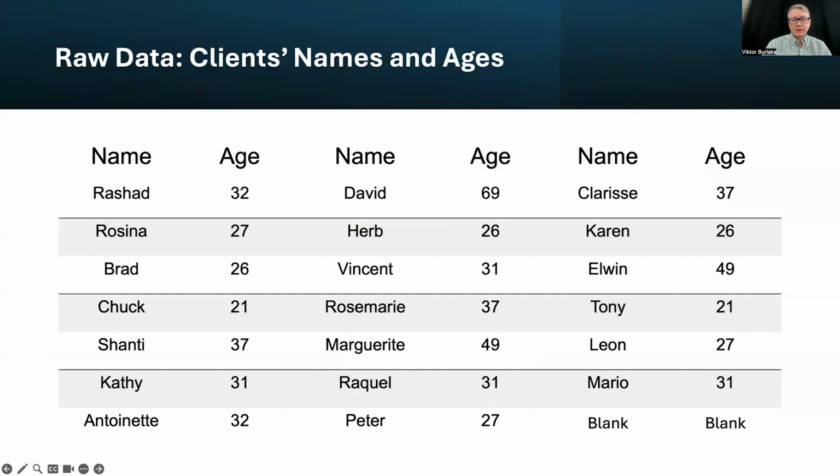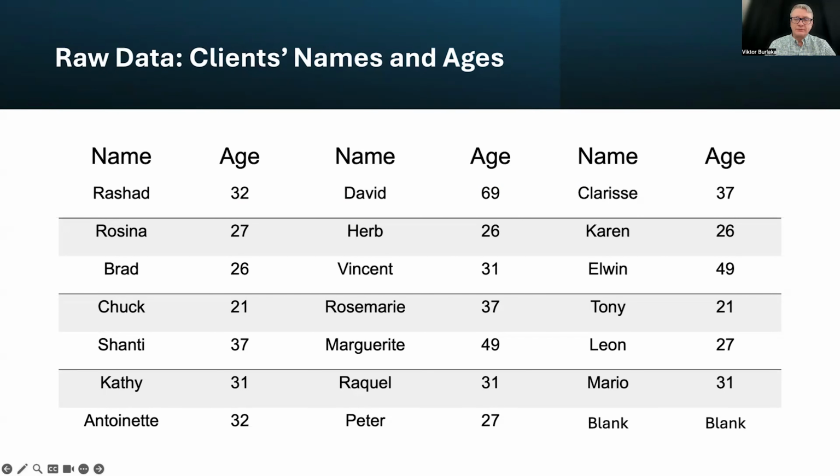This table presents raw data, specifically clients' names and ages. Raw data is unprocessed information that hasn't been organized in a more usable form. In social work, raw data can include client demographics, service utilization, or outcomes from assessments.